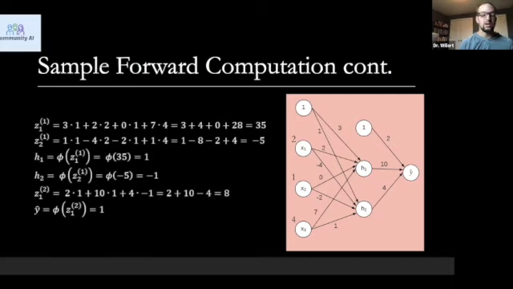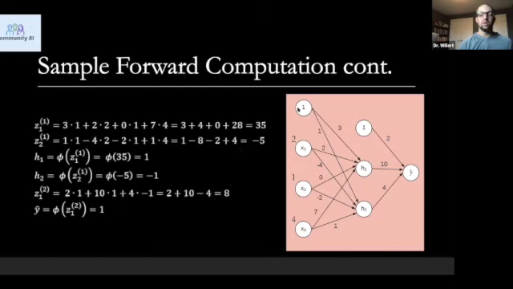So this ends up being 2 plus 10 minus 4, which equals 8. So when we apply phi to z12 to get y hat, we see that phi of z12 is phi of 8, which is equal to 1 since its input is positive.